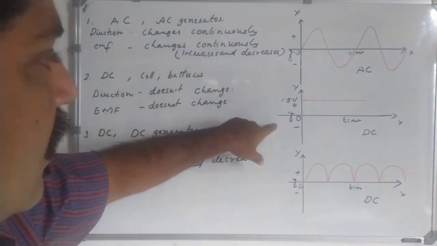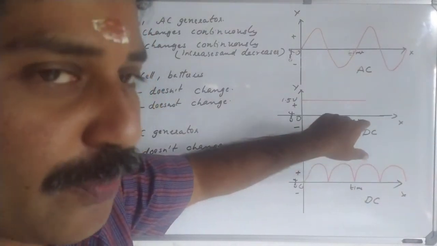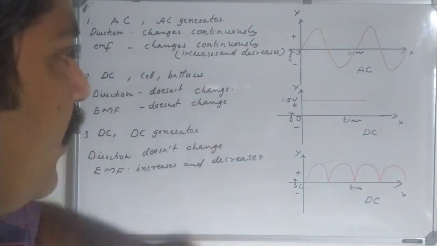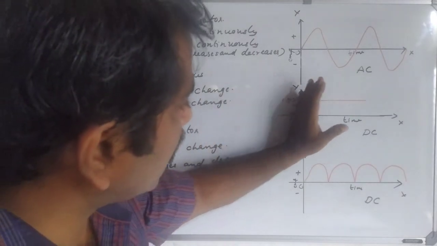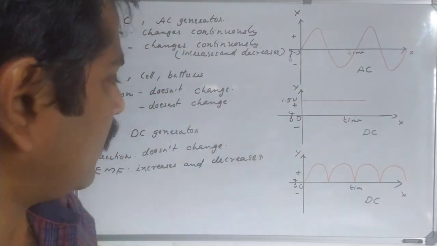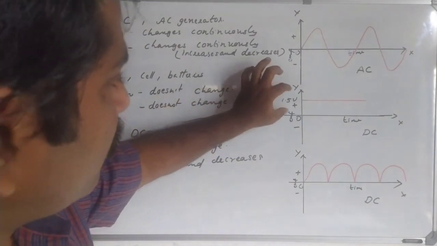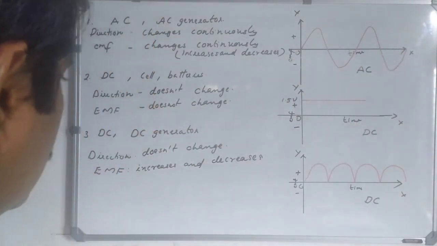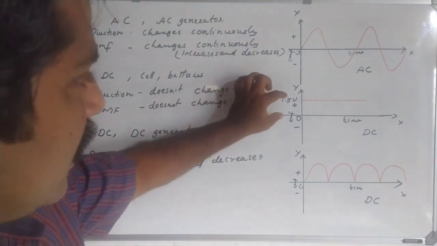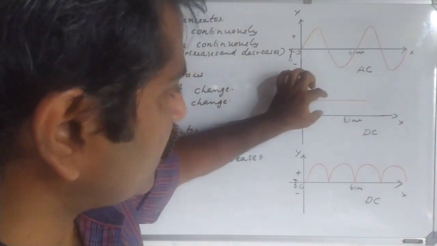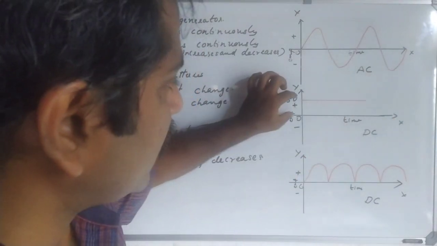Another one is DC obtained from cells or batteries. The direction does not change; it only flows in the positive direction. Then the EMF is steady. It flows at a particular voltage, so it is parallel to the x-axis.